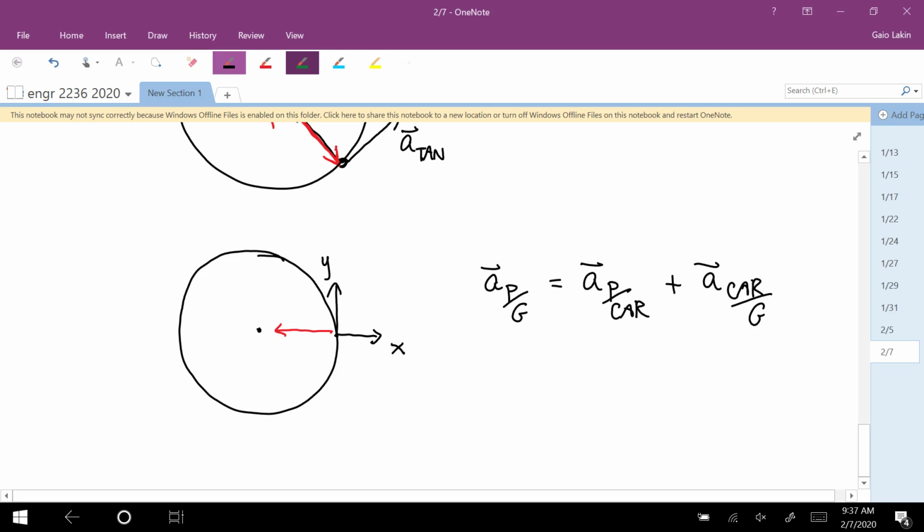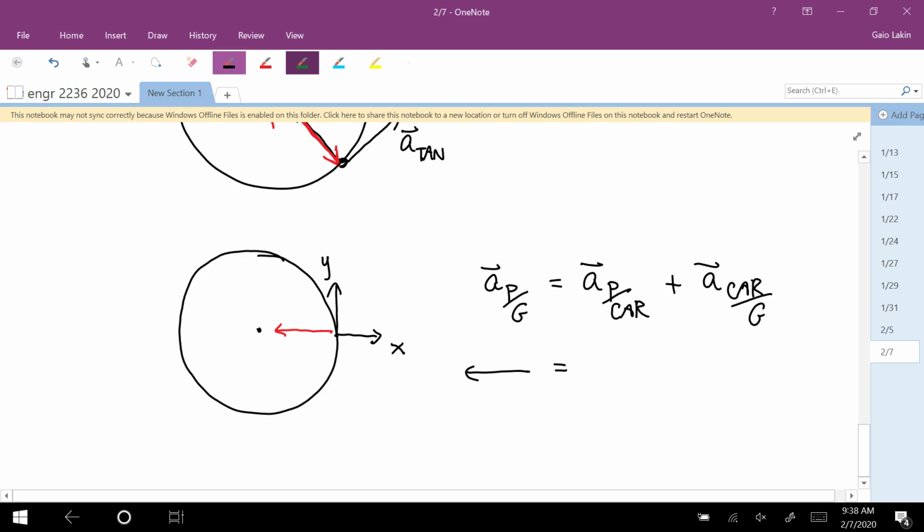Okay. Both of these are, I don't know, this is going to be a little confusing. Like the acceleration of the passenger relative to the ground.